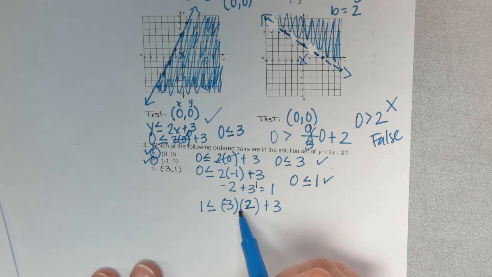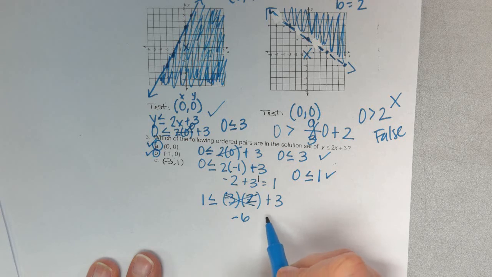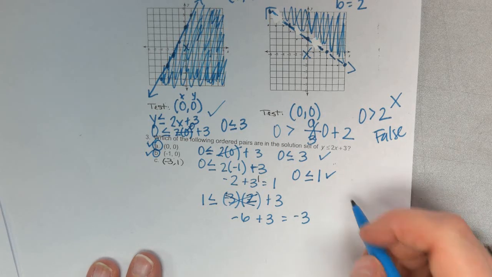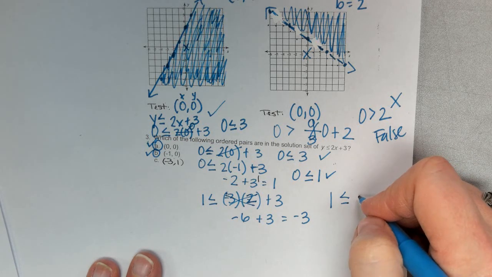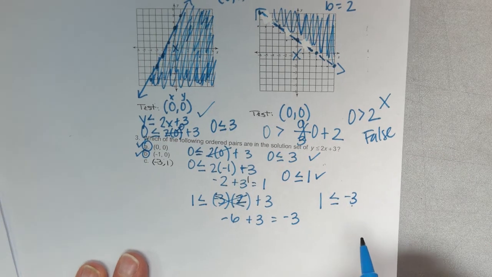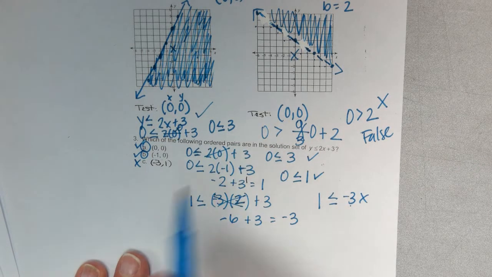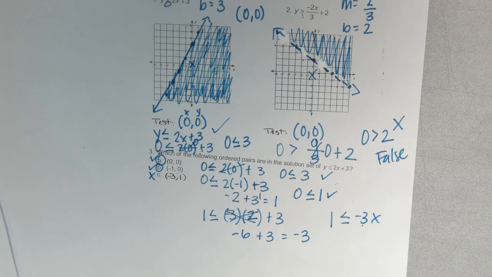So negative 3 times 2 is negative 6, plus 3 is negative 3. Is 1 less than or equal to negative 3? No, negative 3 is actually less than 1. So this does not check out. So we're not going to circle that one. It is not an answer. Okay? Does that make sense?